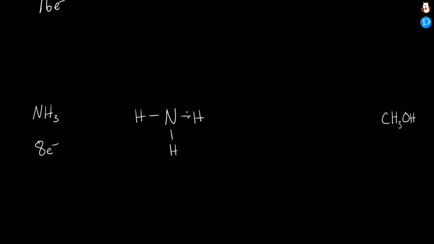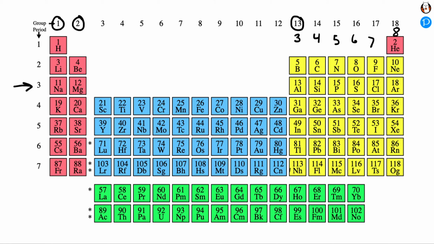Now hydrogen is going to be another exception that we didn't mention here. Hydrogen, remember, only has 1 energy level, and that first energy level can only hold 2 electrons. So hydrogen never wants to get 8 because it can't handle 8. The only thing it can handle is 2 electrons.